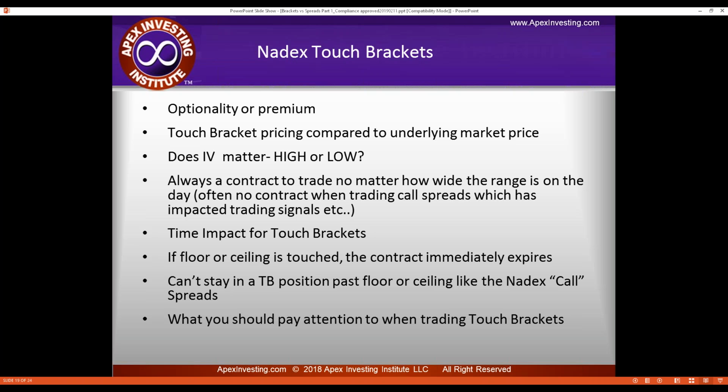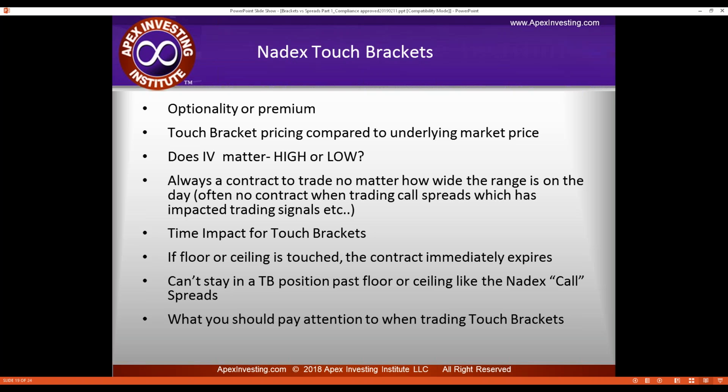Just because the market's gone crazy and blown through call spreads and there might not be any available, if the market goes through a floor or ceiling of a touch bracket, a new one's going to be put in its place, priced about $100 above or below the floor or ceiling, depending on the direction.